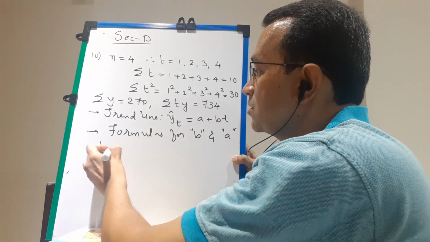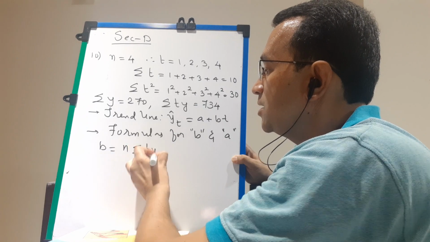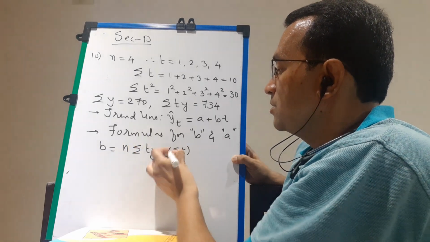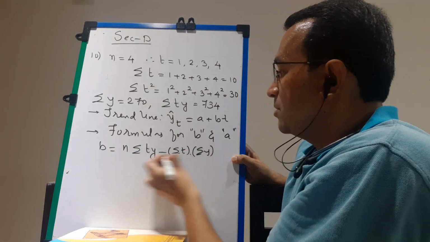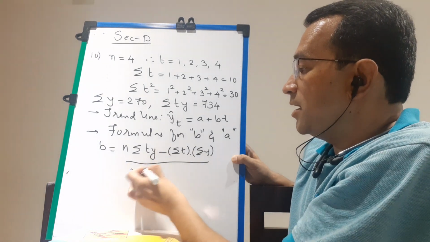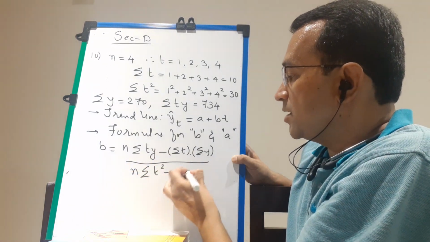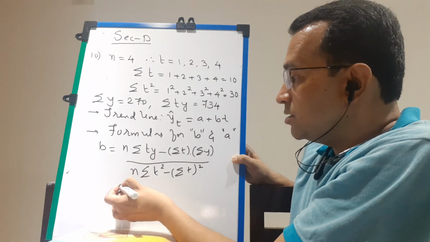So b is equal to n sigma ty minus sigma t into sigma y upon n sigma t square minus sigma t the whole square.